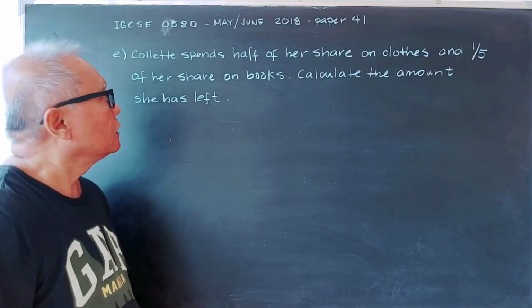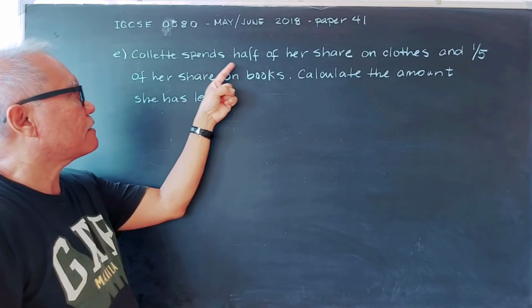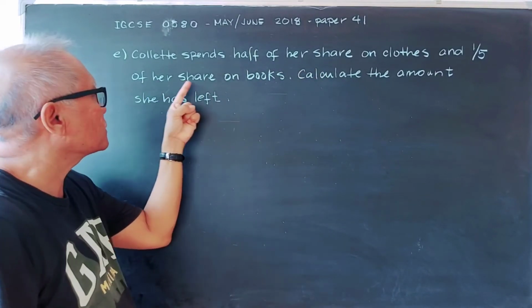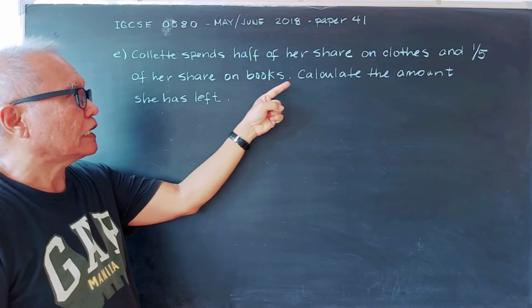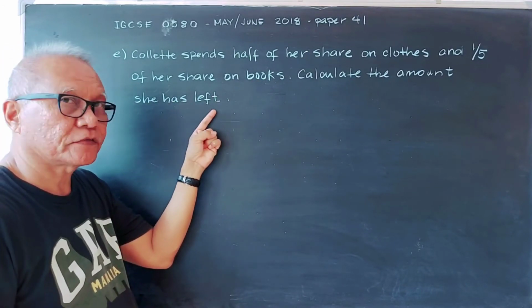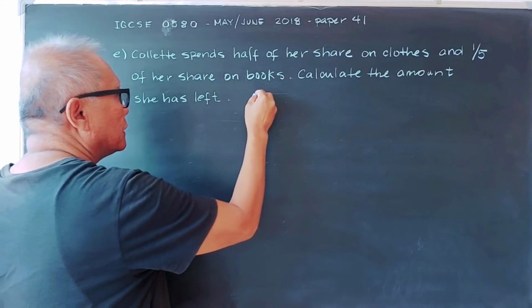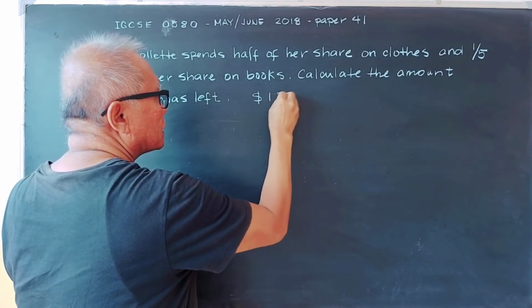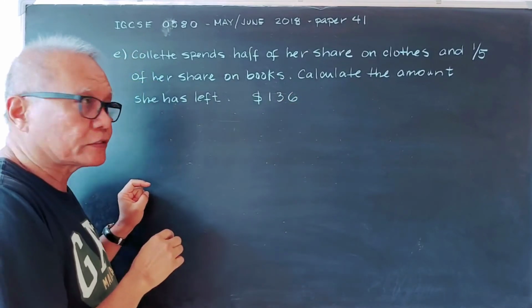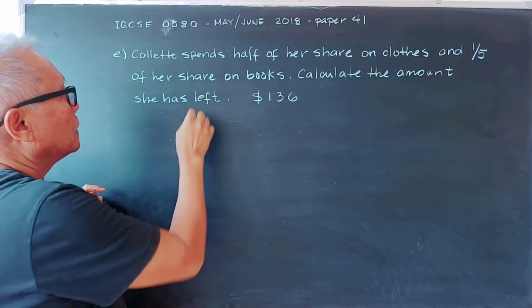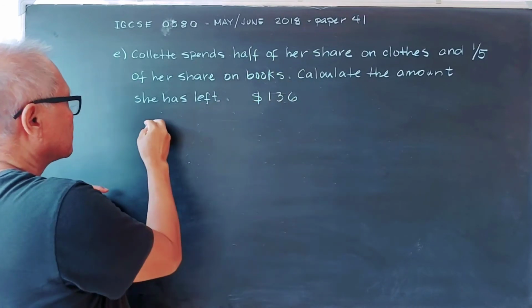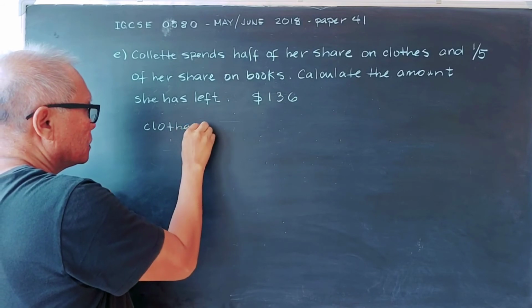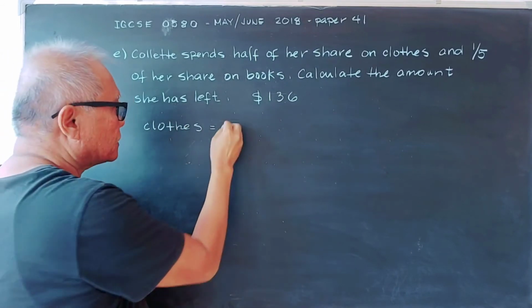Okay, letter E. We have Colette spends half of her share on clothes and 1/5 of her share on books. Calculate the amount she has left. Colette's share is $136. So we have half of our share. So let's have the clothes. Colette's clothes is half of 136.